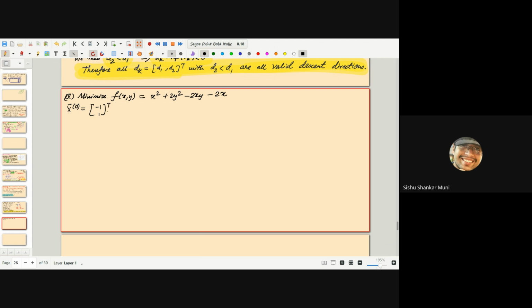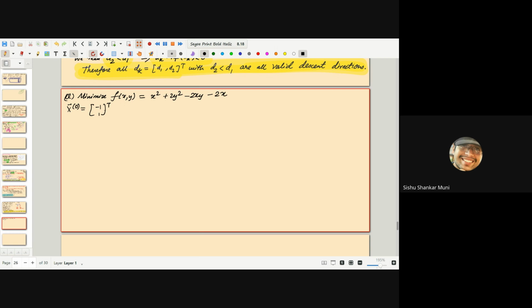This is the initial condition I have already given to you. We have already found the minimization point and the minimized f value through the Sylvester criterion. But why are we taking this example? To show you that different methods reach the same kind of results.